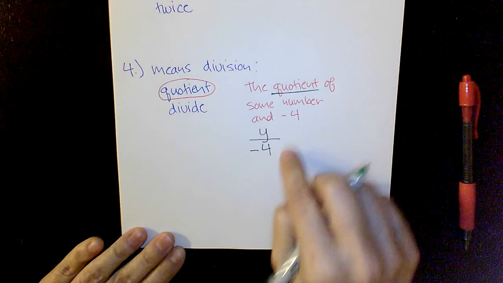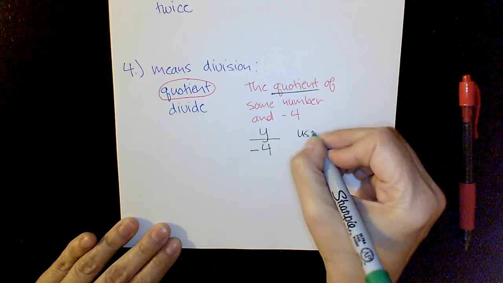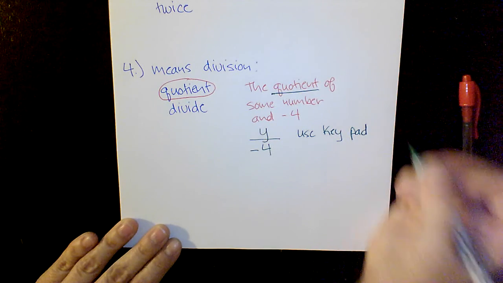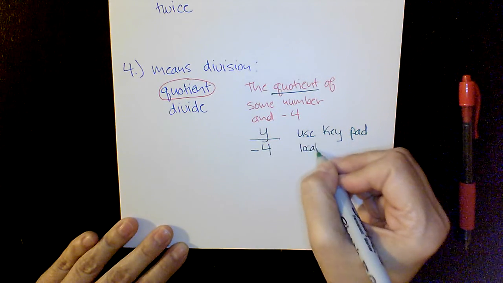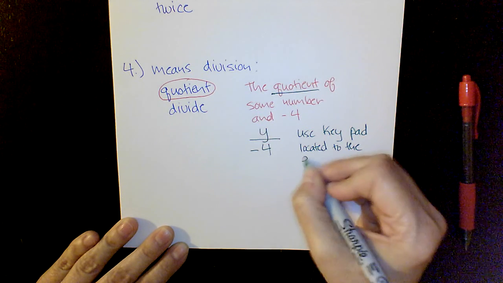-4. Now, in order to input this in Hawks, you're going to have to use your keypad, and your keypad is located to the far right of your screen.